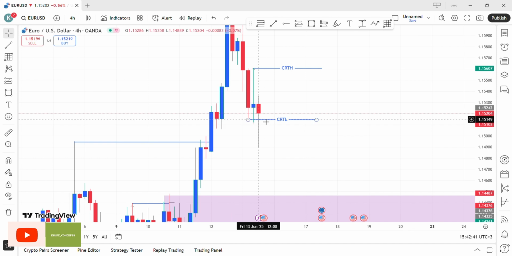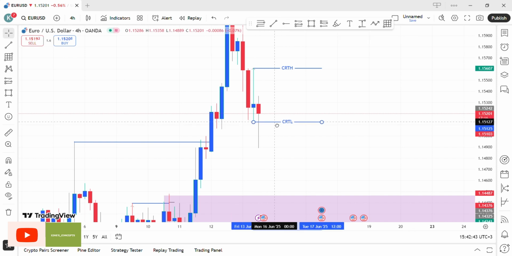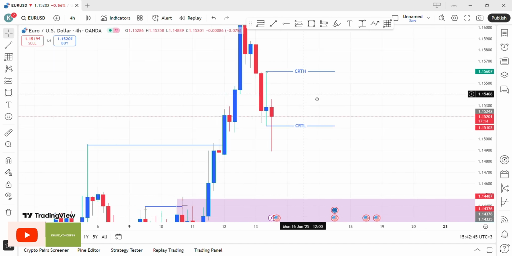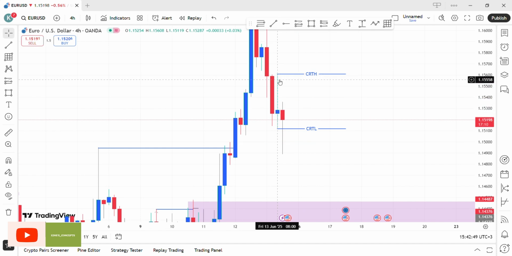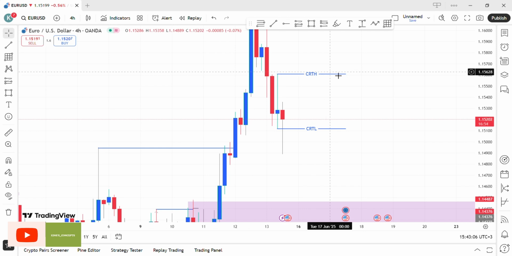So if you focus on the next candle, this candle over here, what time is this? The 8 AM candle now. If you focus on the low of that candle, you mark the low of that candle, and you mark the high of that candle. So the low of that candle is the CRT low, the high of that candle is the CRT high.